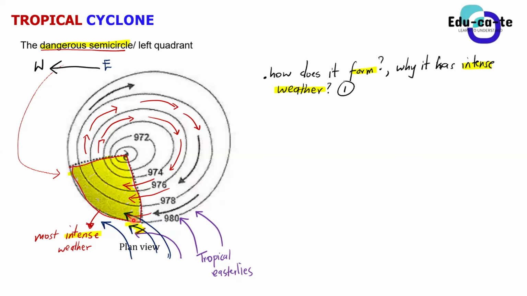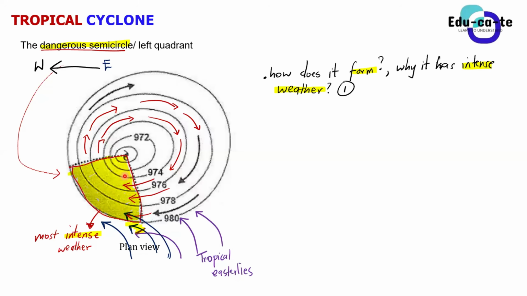So these winds actually collide, and where do they collide? They collide in this region, which is known as the dangerous semicircle. Although my diagrams are not drawn to scale, I'm trying to make an illustration to show you that these winds rotating clockwise within this low pressure system, within this tropical cyclone, the moment they collide with these winds that are driving the cyclone, which are the tropical easterlies, what happens?